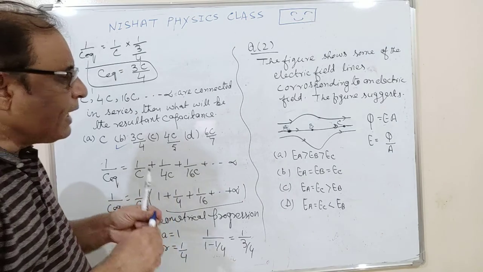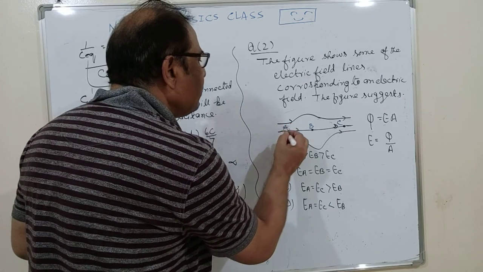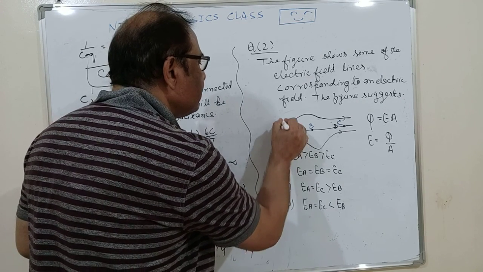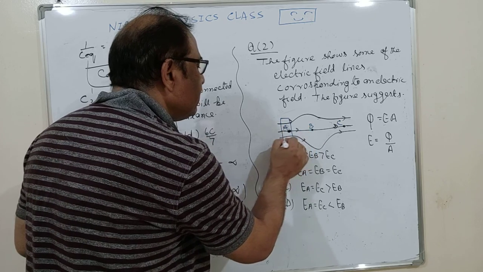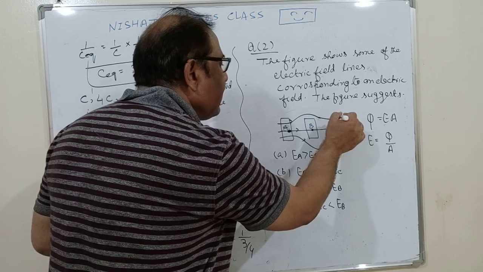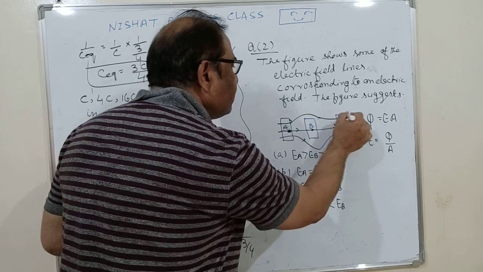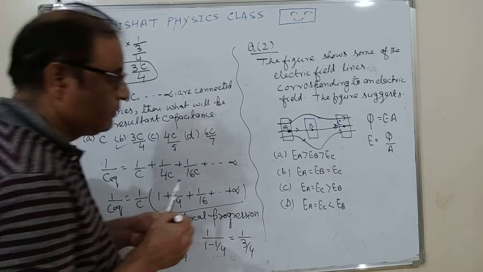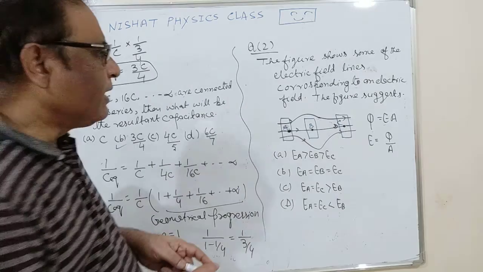Suppose at this point we take the same area, the same area here, and the same area at C. Now what do we see here?